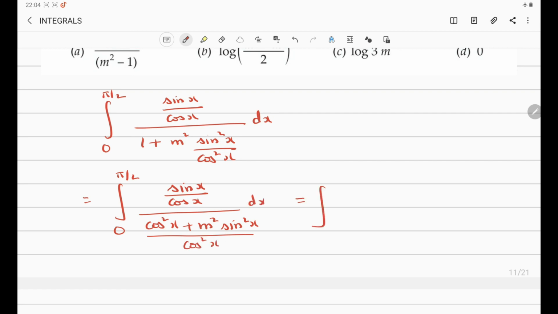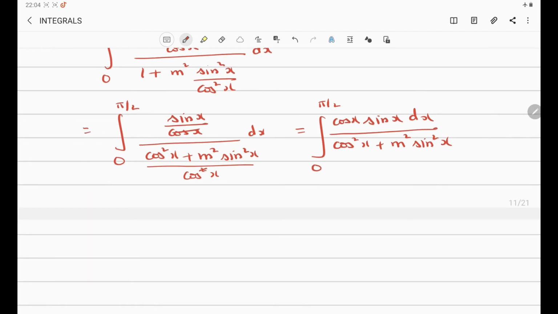So one cos x term gets cancelled, we get 0 to pi by 2 sin x dx into this numerator, cos x goes to the numerator, we get cos x whole divided by cos square x plus m square sin square x.